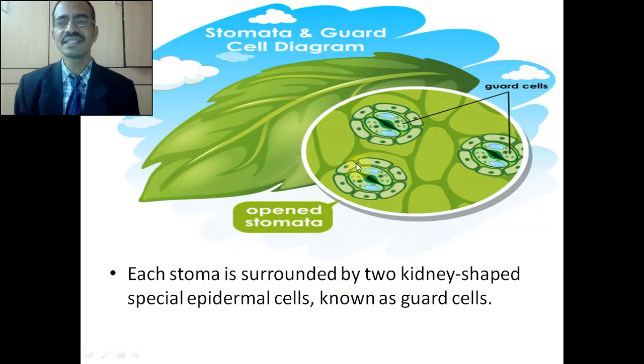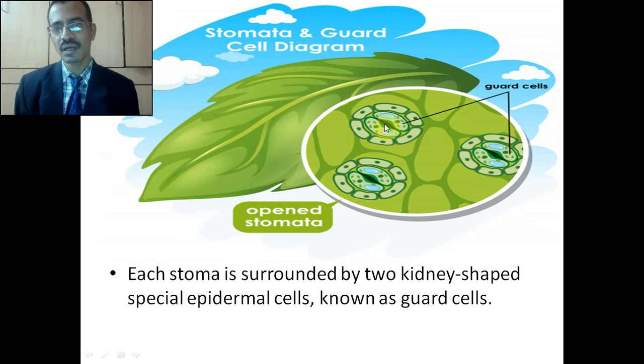As we discussed earlier, here we see an enlarged picture of the surface of the leaf. These two are the guard cells, and the opening is called the stoma. Stomata is the plural form, and stoma is the singular form.